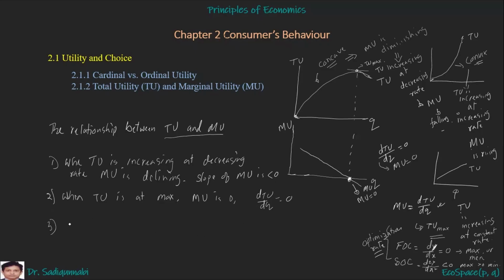Point number 3, when TU is declining, MU is negative. Here the slope of MU is negative, but here MU itself is negative. There is a difference between this one and that one. This is slope and this is MU itself.